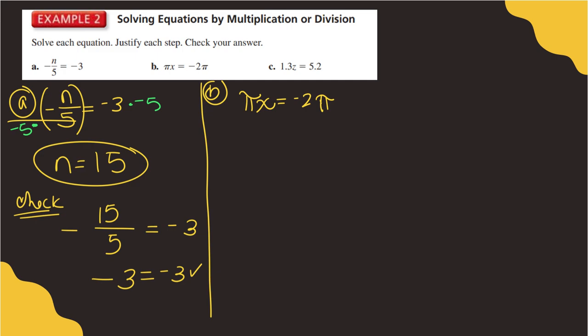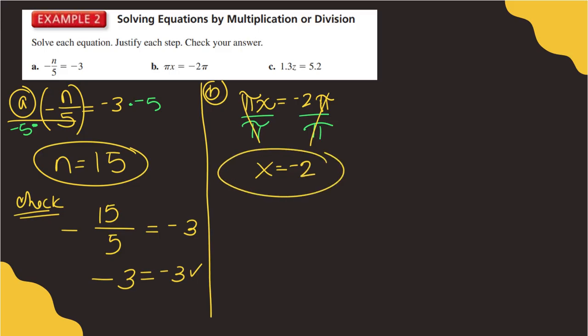So we're going to divide each side by pi, because remember we're solving for x. So if I divide by pi, by simplifying, we know that this cancels out on both sides. So x equals negative 2.